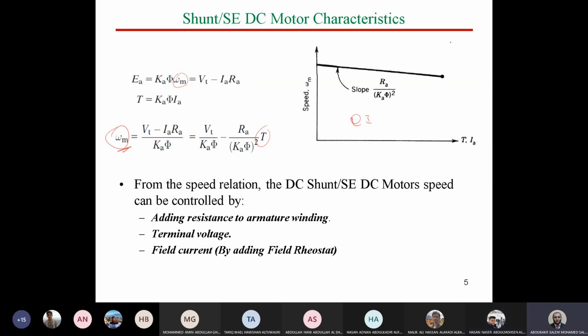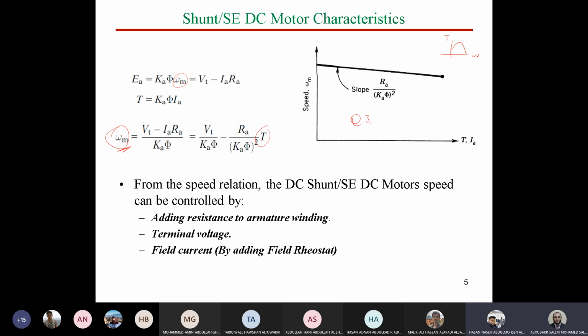If you remember in the induction motor, the most well-known curve of induction motors is plotted in this shape. Is it right? Yes. Where this is torque and this is speed. So the vertical axis was torque and the horizontal axis was speed.